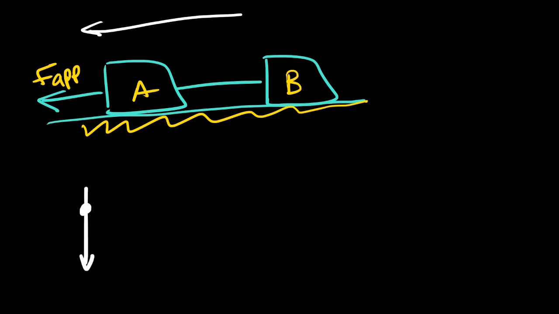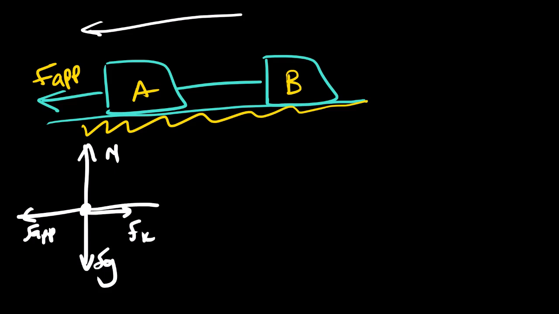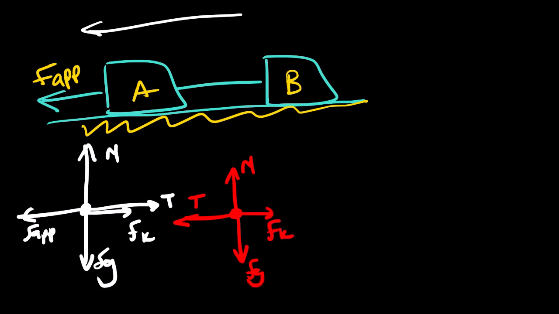The free body diagram of A will be like this, which is force applied, normal force, Fg, kinetic friction, and our tension. Then the free body diagram of B will be tension, normal force, Fg, and kinetic friction.